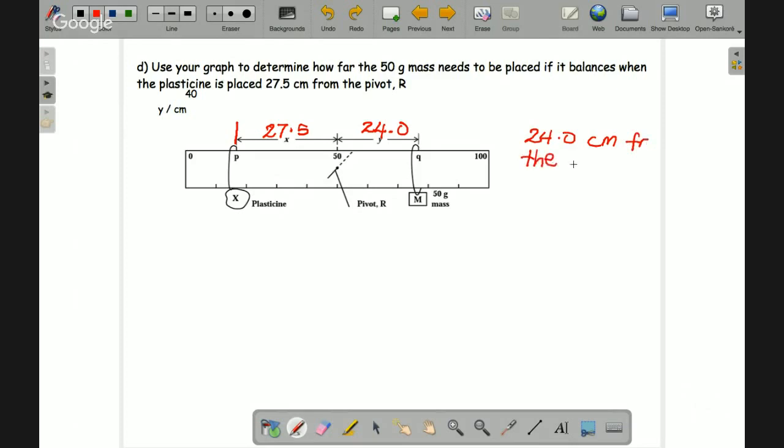That's how they stated their case. Or you can say 50 plus 24 is 74. You can just say at the 74 centimeter mark. All right. So that's that. Any questions with that?